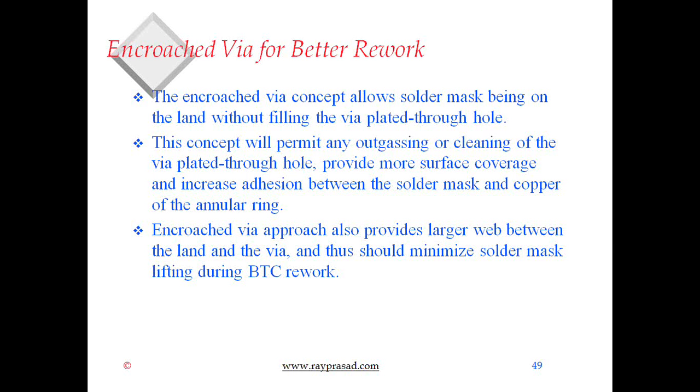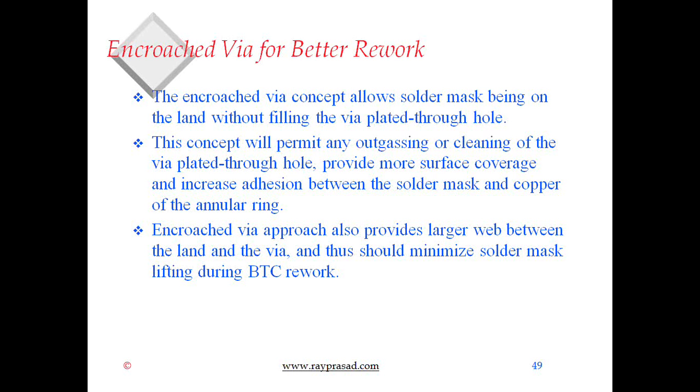There are a lot of other ways where you plate the via shut. So this is one way. This concept will permit any outgassing or cleaning of the via. So if this thing is open, it's still holding down the pad, but would let the outgassing go through, provide more surface coverage, and increase the adhesion of the mask and copper of that, what they call the annular ring, and it will hold it down.